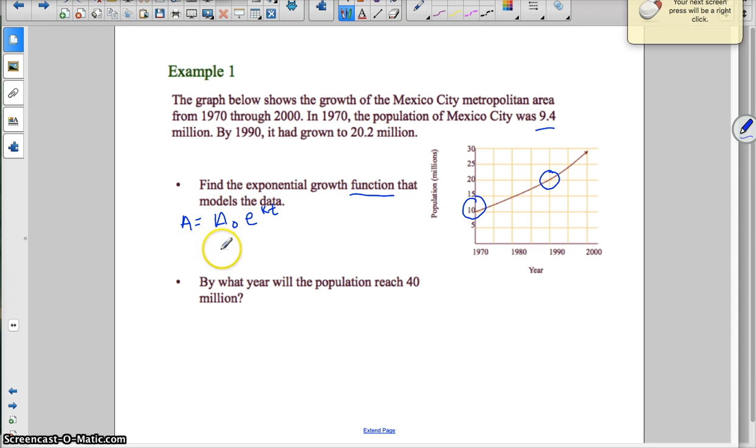So if we want to find this, we know that we need the initial amount, and we also need k, our growth rate. k is our constant, and our initial amount is also our constant. So right now, I do know that the initial amount was 9.4 million.